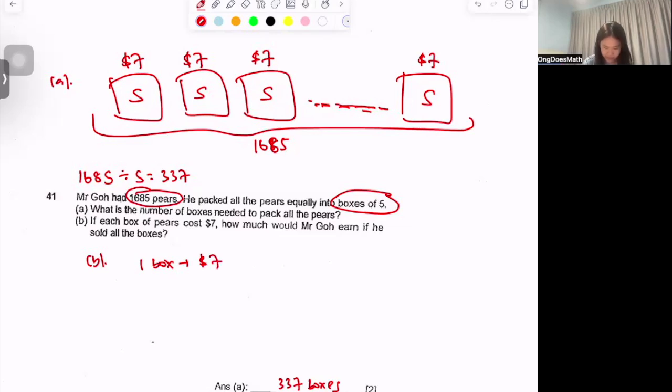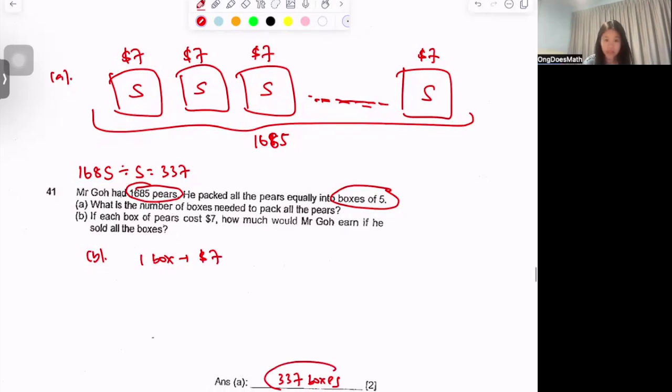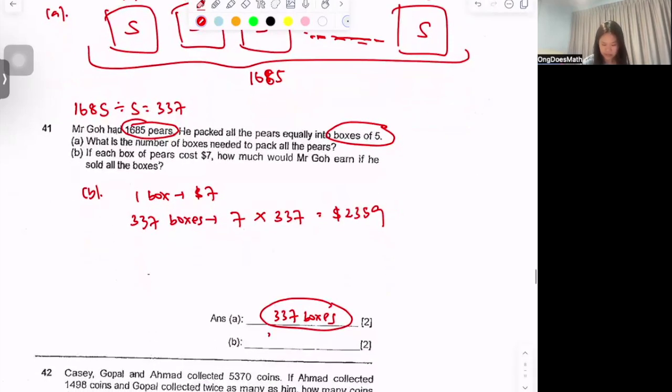And from part A, we found out that he has a total of 337 boxes, right? So if he sells all 337 boxes, he will have earned 337 times $7. So that should give you $2359. Good. Hence part B answer is 2359.